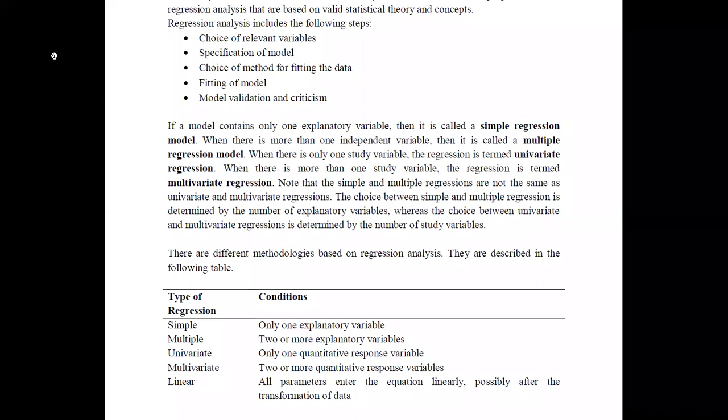Now, one example I am taking: y equals beta naught plus beta 1 times x1 plus beta 2 times x2. Here beta naught, beta 1 and beta 2 are the parameters, and x1 and x2 are variables. These x are said to be variables and these beta terms are said to be the parameters we are using.